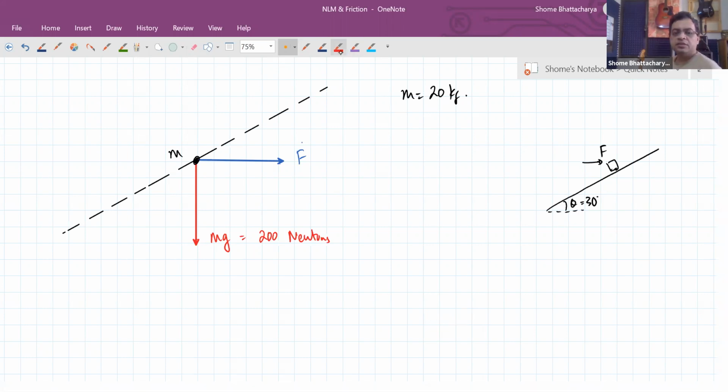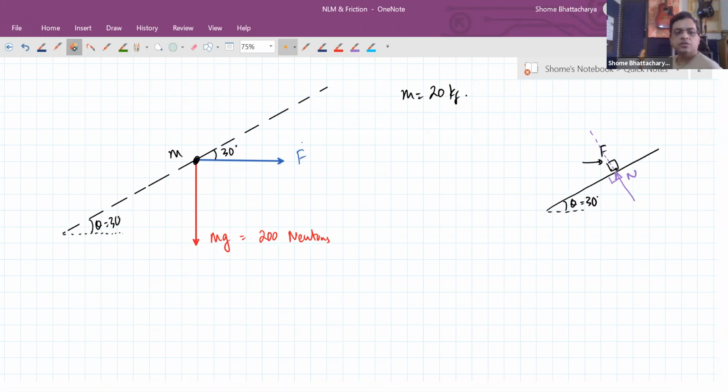So the direction in which the normal contact force acts will be like this. It will be perpendicular to this inclined plane. It will act along this axis. Okay. So that is why here this angle is 30 degrees. So this angle will be 30 degrees.